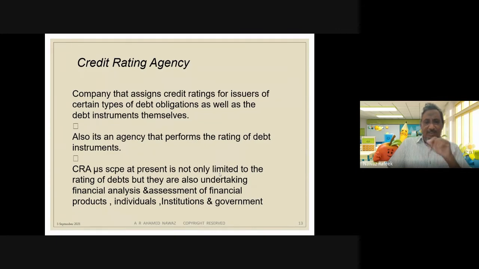At present, CRAs are not only limited to the rating of debts, but they are also undertaking financial analysis, assessment of financial products, individual institutions, and the government.